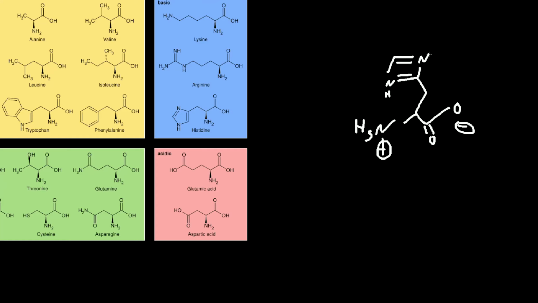In histidine, I believe it's either this or this that could be ionized. Anyway, let's assume it's this one. Wait, I'm looking at it and it's wrong. I'm sorry, this is going to bother me. Okay. I see the problem, I think.